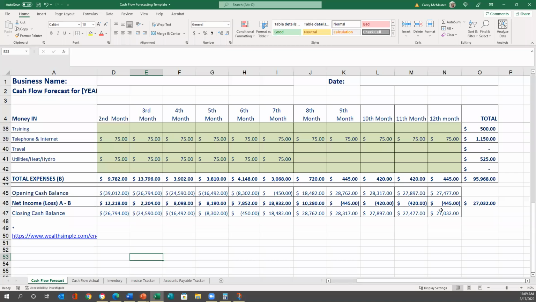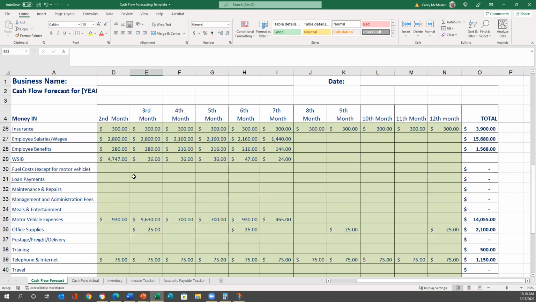So you want to be able to anticipate what your CPP and income tax are going to be. There are charts for when you identify what your end value is going to be with regards to having to pay taxes. I need to put in the loan payments though.